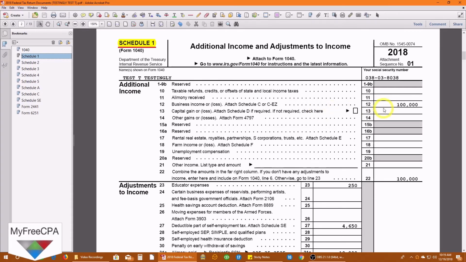Capital gains and losses, right? Sales of stock or investment property go here. Rental real estate income goes here. Farming income and unemployment compensation, right? All that income is going to be added up, totaled on line 22.